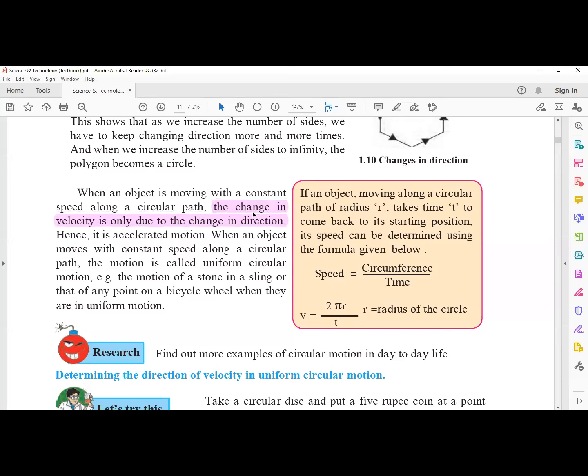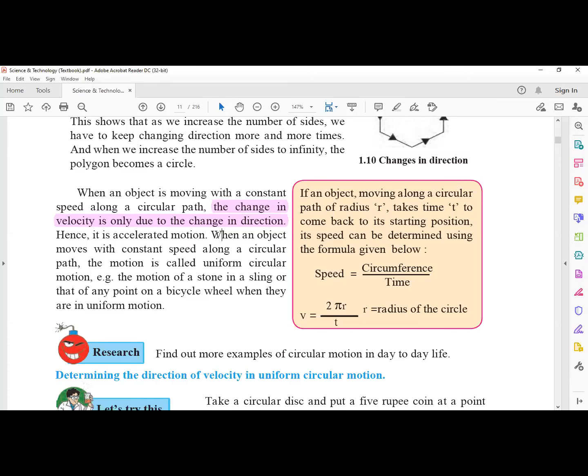Here the speed remains constant, but the direction keeps on changing as the object moves along the circular path. So that change in direction causes the change in velocity. And as we all know, if there is change in velocity, that means the object is having accelerated motion, and thus it is mentioned as accelerated motion.